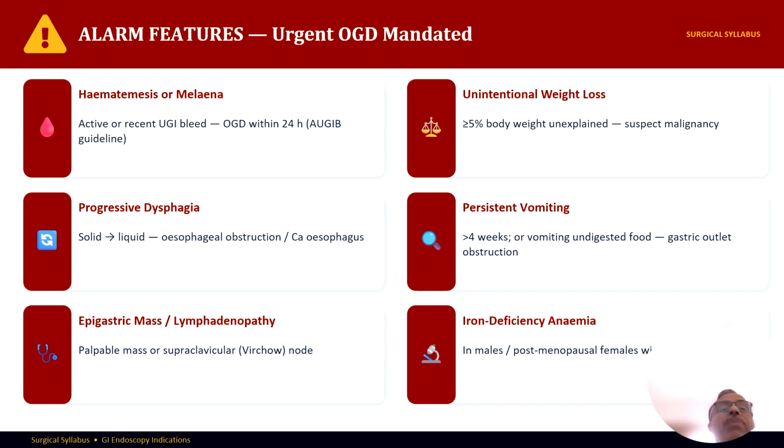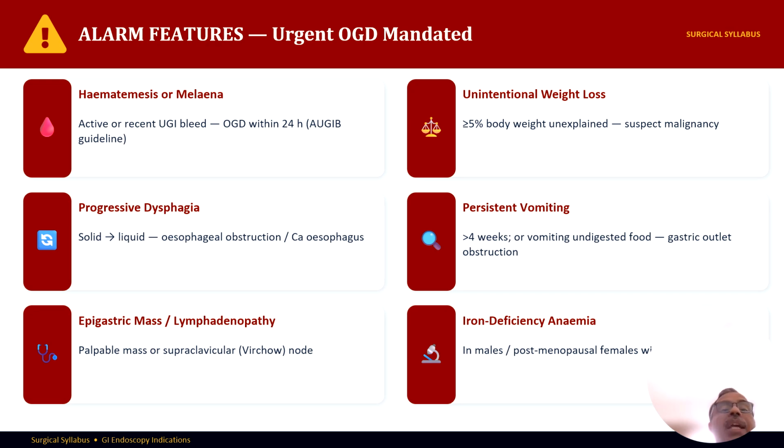Number two indication, progressive dysphagia from solids to liquids, suggestive of esophageal obstruction or possibly carcinoma esophagus, is another very common and important indication of doing an OGDS. Number three, epigastric mass with lymphadenopathy.